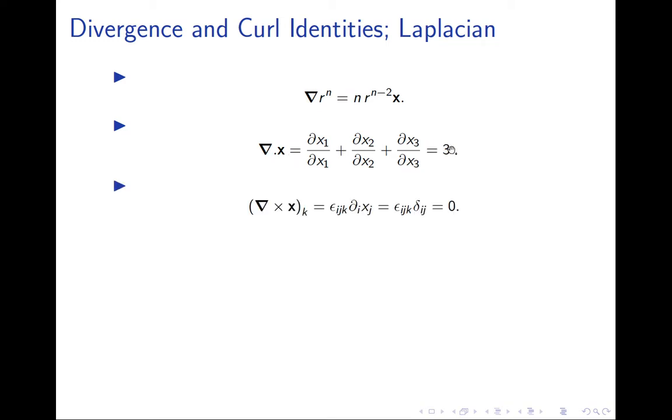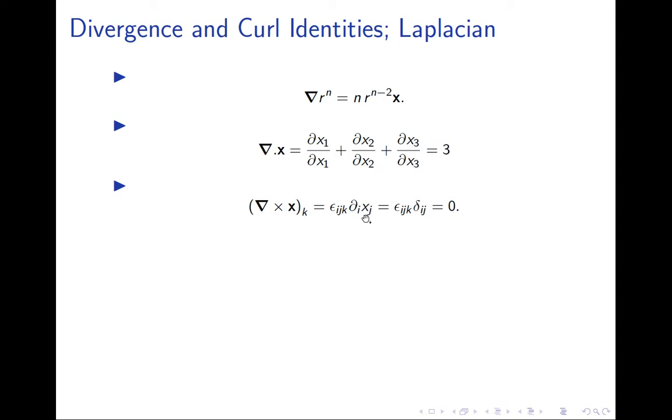But about the curl of the position vector: the kth component of the curl is defined as epsilon ijk del i xj. Remember, del i is the partial derivative with respect to the ith coordinate. The partial derivative of the jth coordinate with respect to the ith coordinate is delta ij. This is a rule familiar from partial differentiation, right?